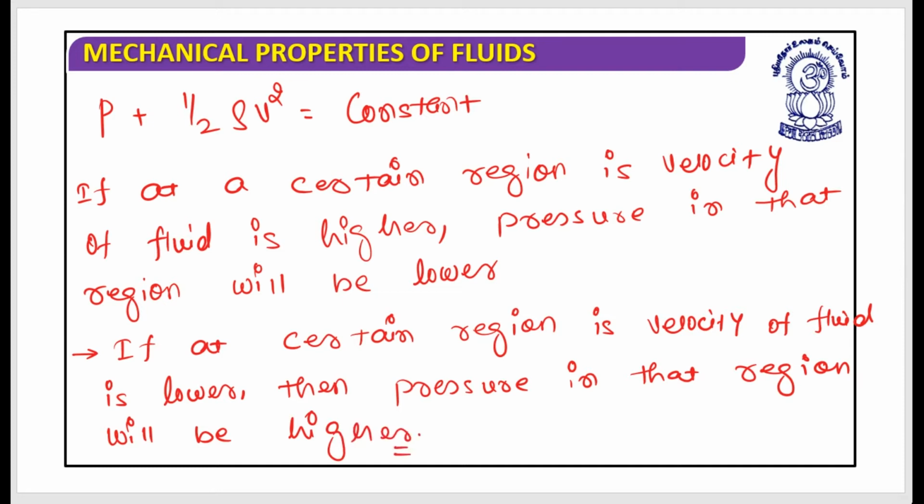I hope this is clear. So P plus half rho V square is equal to constant.